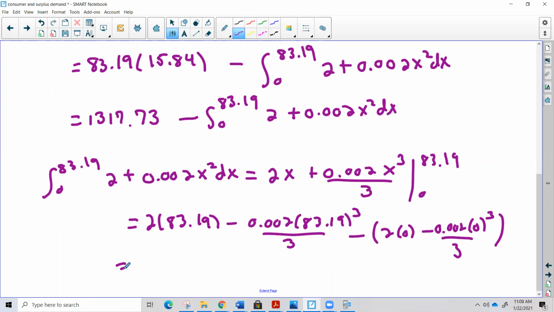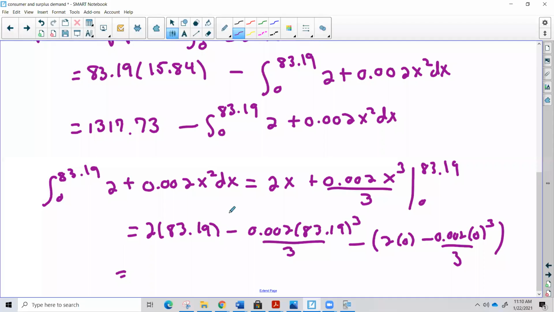But then I'm going to do 2 times 83.19 plus 0.002 times 83.19 cubed over 3. Sorry, I changed this from a minus to a plus, so this should be plus to match up the sign.